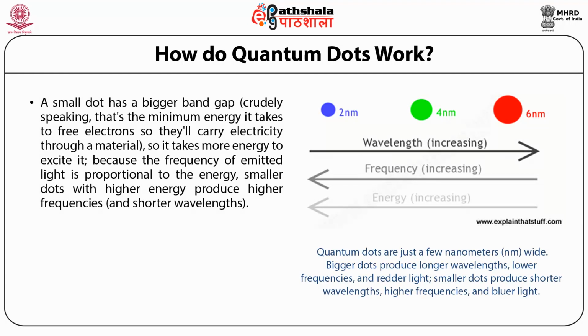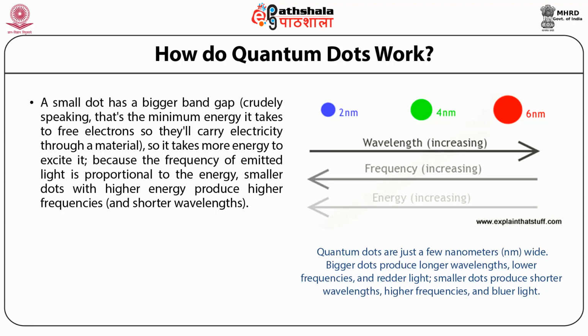So the band gap of a smaller quantum dot is more than that of a bigger quantum dot. Band gap can be described as the minimum energy required by the atom to promote an electron from the valence band to the conduction band. So in this respect, a smaller quantum dot requires more energy to excite the electron.